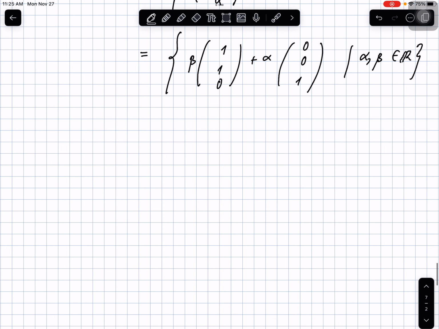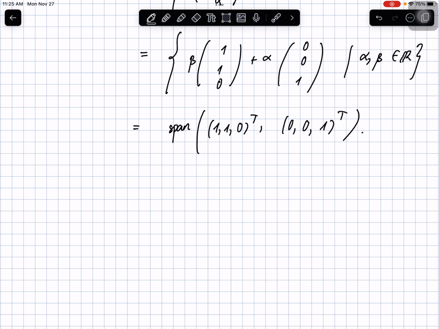So this is a vector subspace of R3 spanned by two vectors (1, 1, 0) and (0, 0, 1). The dimension of this space corresponding to 1 is 2, dimension over R, in fact.